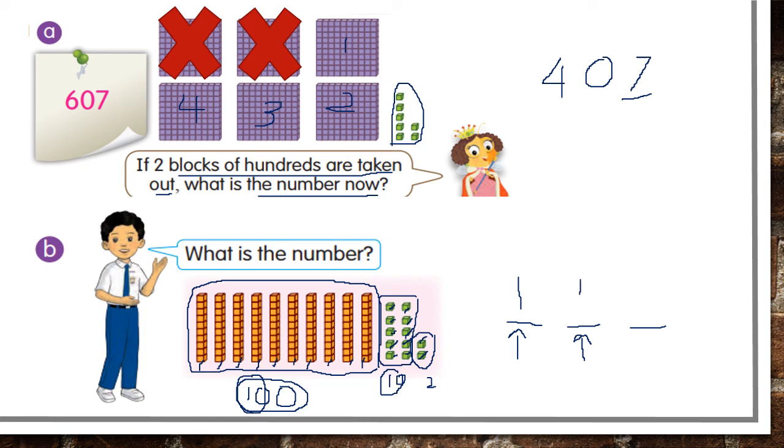Because we only have 10, 1 block of tens. And this is the ones place. We have 2 ones, so we have to write 2 at the ones place. Can you say the number? Yes, the number is 112. Well done.